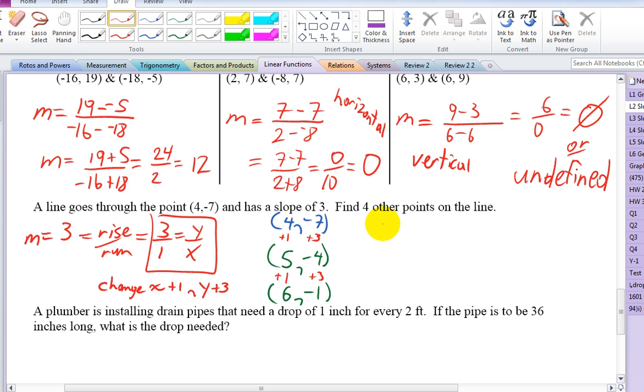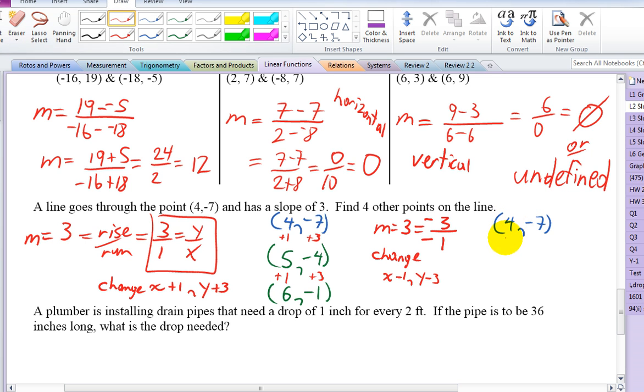However, guess what? We could also have the slope as 3. What else could that equal? Not 3 over 1, but -3 over -1. So this means if x changes by -1, y changes by -3. So we can start at the same point and go in the other direction.